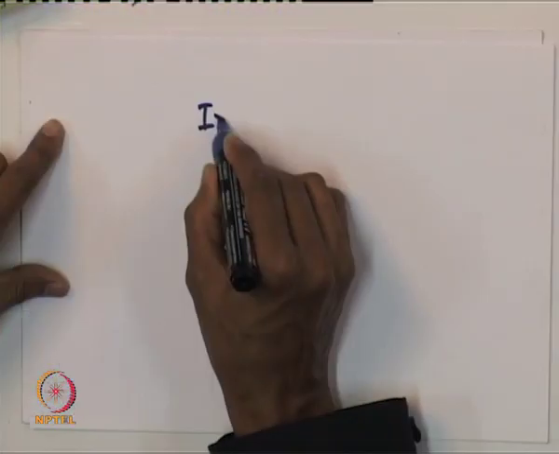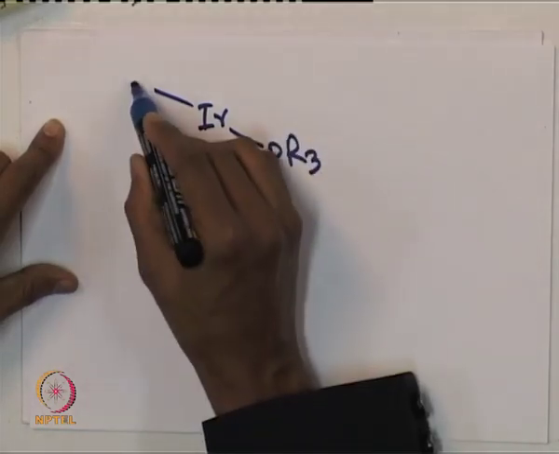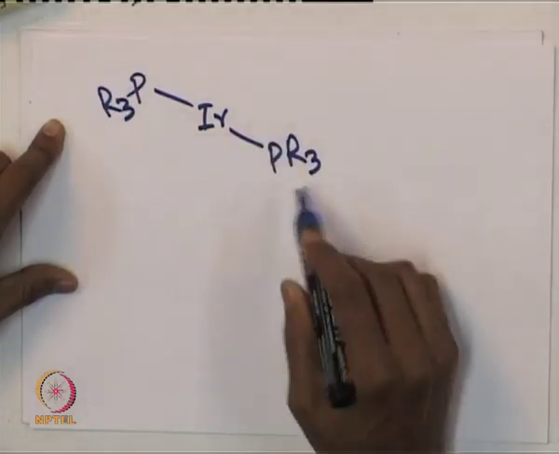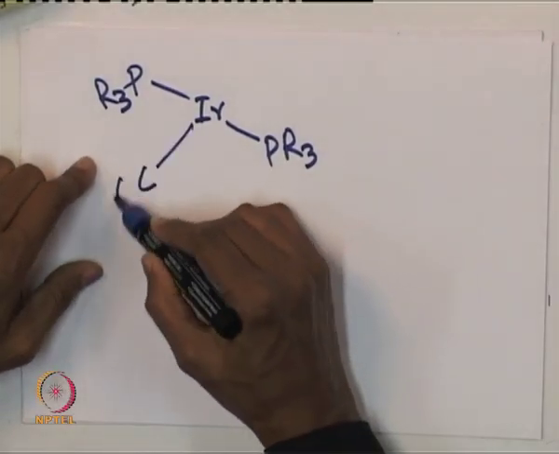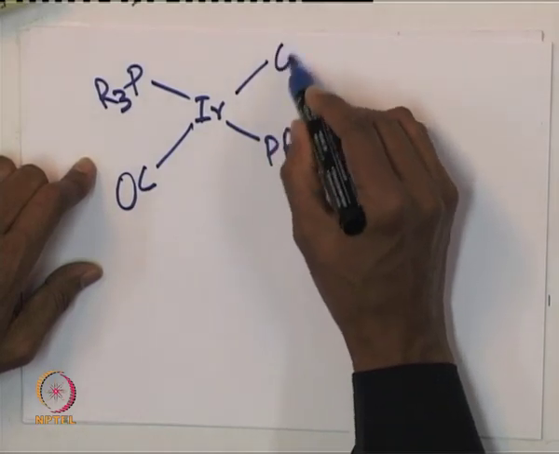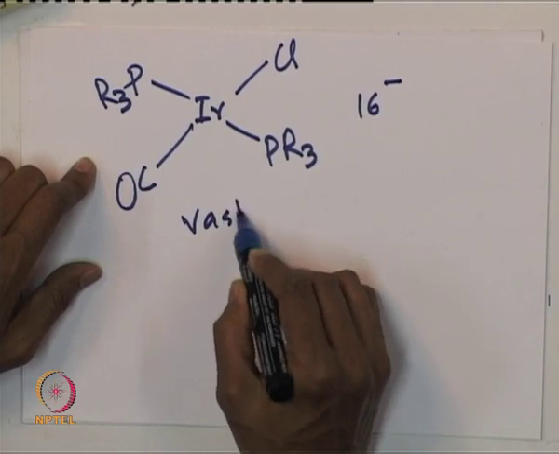We will draw the Vaska complex again, that is again your iridium complex. In this case we are not defining the R, it is PR3, this is CO, chloride, again a 16 electron complex, this is the Vaska complex.